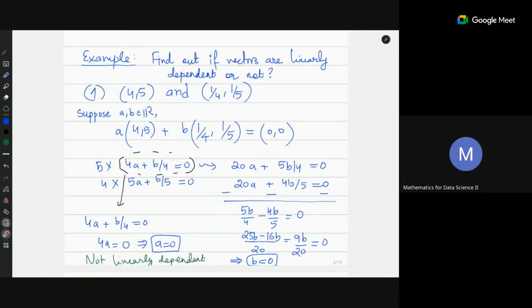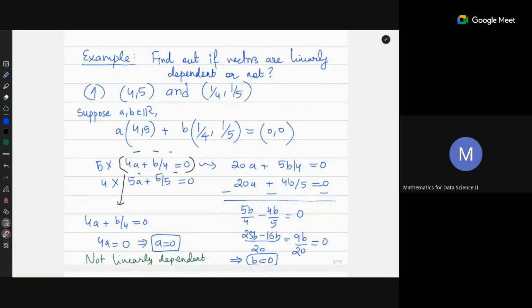You perform your row operations and you find out that this homogeneous system of equations has a unique solution. That means the vectors will be independent, because they cannot be dependent, as both of the coefficients will become 0.